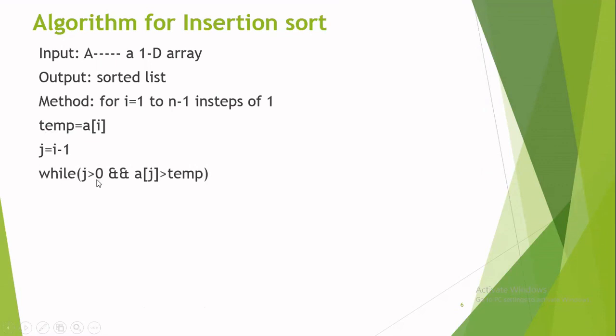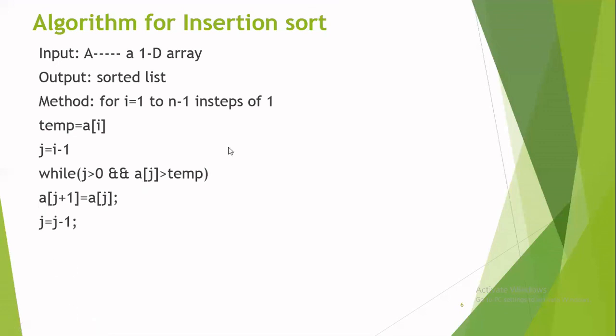And now I'll compare A of j with temp. If A of j is greater than temp, what we did was move this jth element to its next position, that is to the j plus 1th position. So we are moving A of j to A of j plus 1.